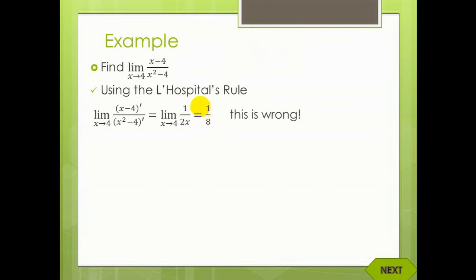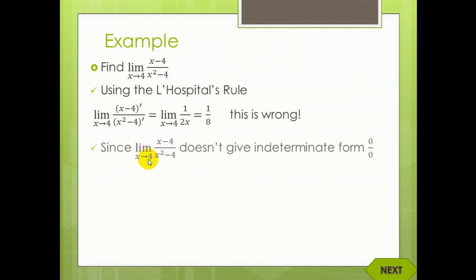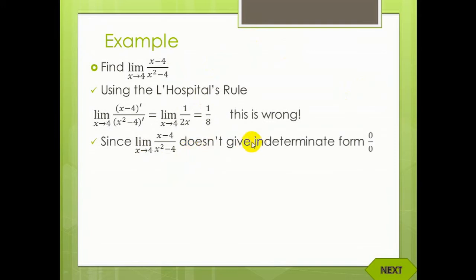No, guys, this is wrong. Why wrong? Because you need to verify this one. It doesn't give indeterminate form 0 over 0, because the result is 0 over 12, which equals 0. So you cannot use this method. Remember, don't forget to verify this limit of the function. Okay.